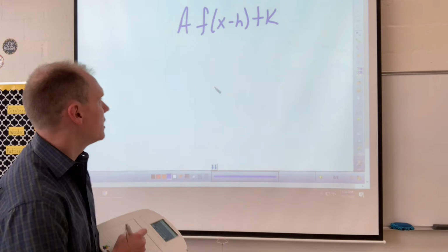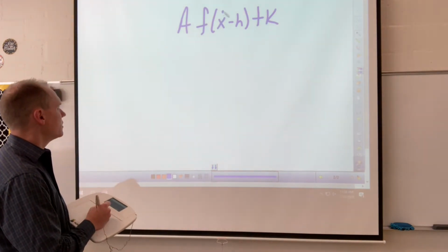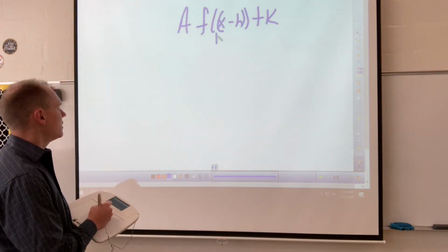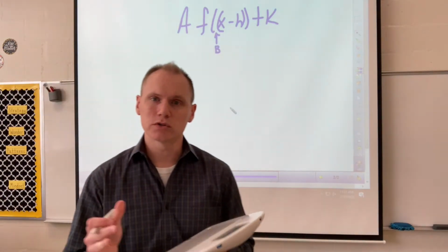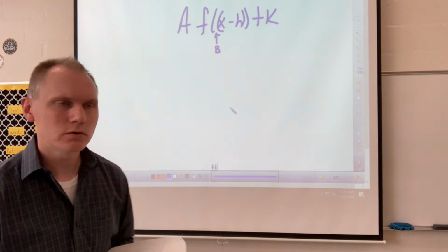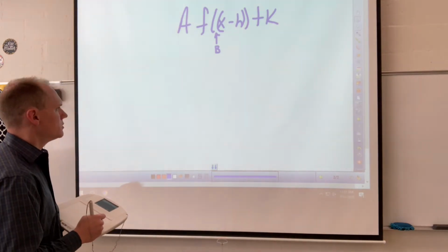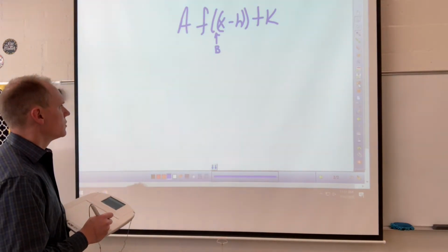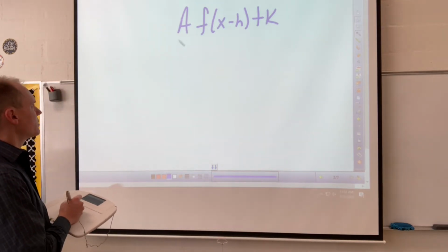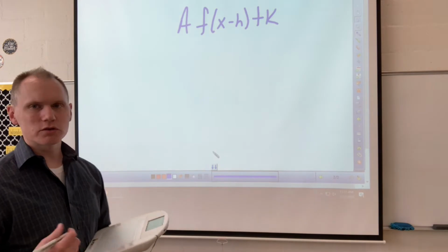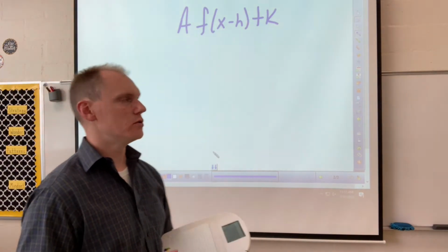We had those 3 there. Technically, there's another one that you can put out in front. You can put a b in there. And that's going to stretch things horizontally. But we're going to focus on the vertical stretch and the translations, which are the horizontal and vertical changes. So just those 3 are here. So just a recap of what those do.